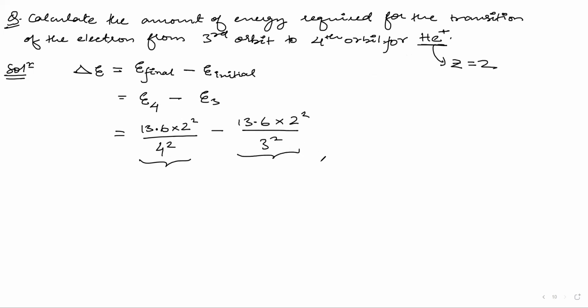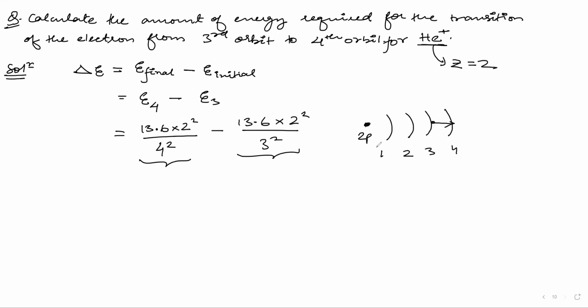See, I understand now. You are having some hesitance because you said, sir, which Z to take in E4, which Z to take in E3? First of all, picture it. How will you picture it? This is the helium atom which has 2 protons. First shell, second shell, third shell, fourth shell. Okay, 1, 2, 3, and 4. So you have to transfer the electron from the third shell to the fourth shell, and it is asking the energy required for that.